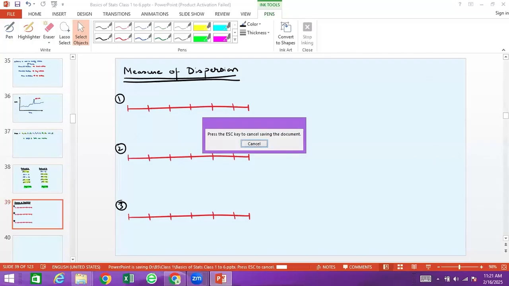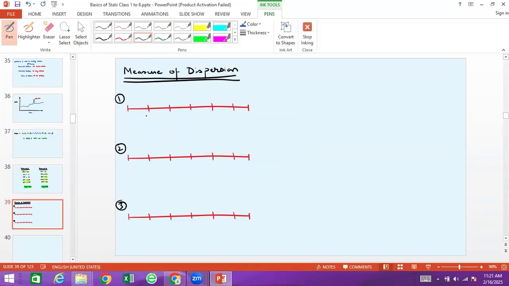So let's say this is the x-axis that you have, it has values like 12, 13, 14, 15, and 16, right? Similarly for this also. This is my x-axis. And I have these data points.